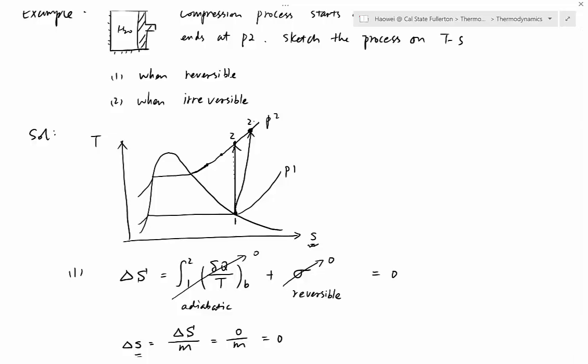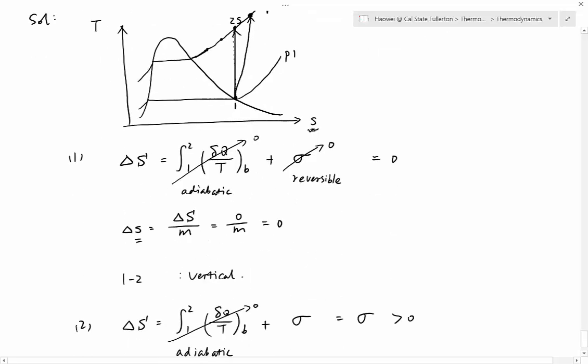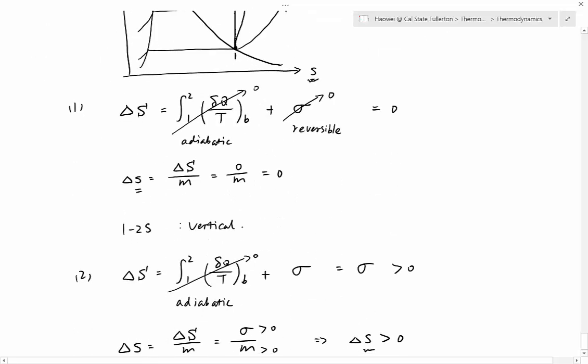Okay, so now to differentiate between the 2 points, we call the first one point 2s and the second one point 2. Okay, so here this becomes point 2s. What does s mean? S means this is an isentropic process.